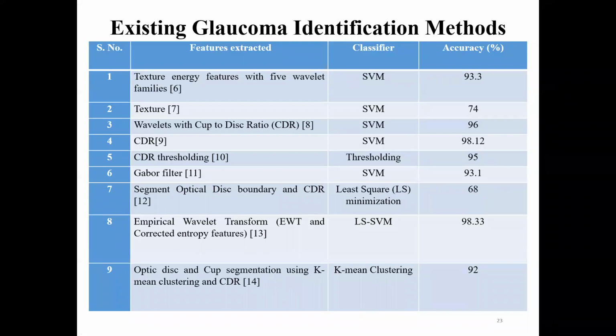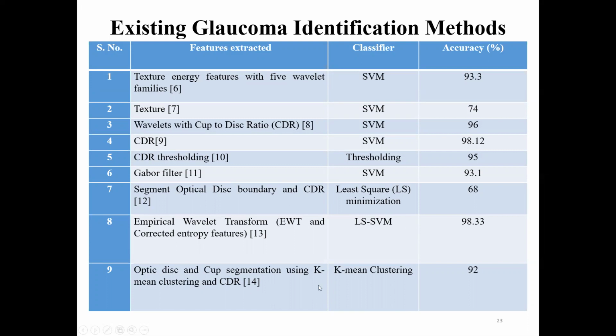And similarly, CDR with thresholding and thresholding classifier and so on. You may observe a hybrid classifier, like least square minimization combined with the support vector machine classifier, where two classifiers are combined, and they achieved 98.33% accuracy.